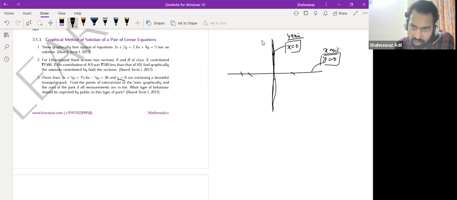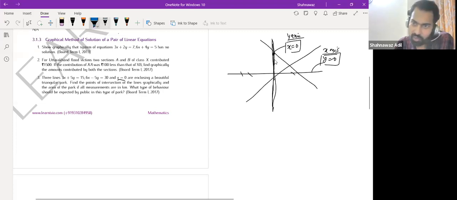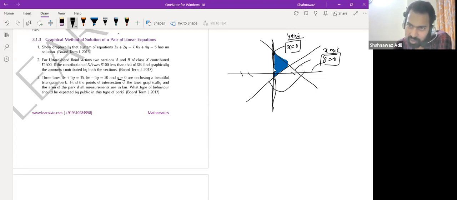And so whatever the line is, this would be the triangle. Understood? Is that clear? So you draw the rest of the lines. The third line would be this y-axis. Is this clear to you?